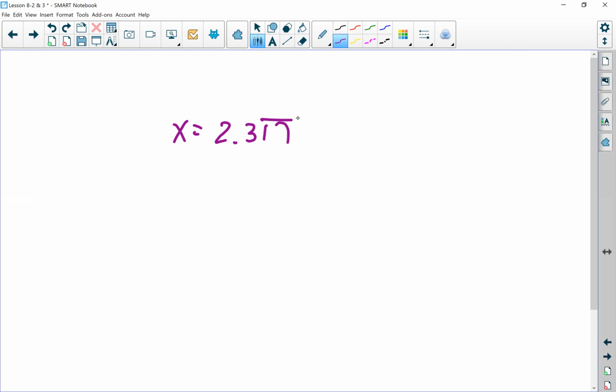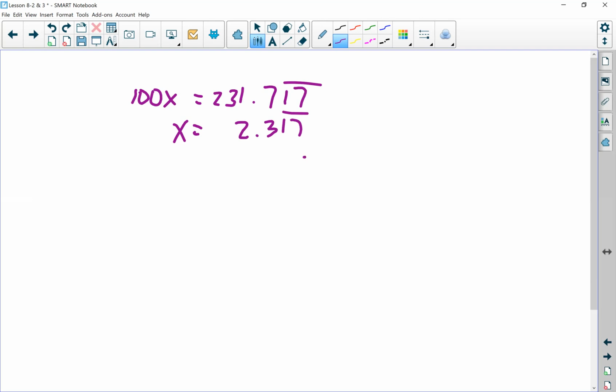So in this case, 10 squared, right? So 10 squared is 100. So 100x would equal 231.717 repeating. Right, we're just moving the decimal place 2 places.